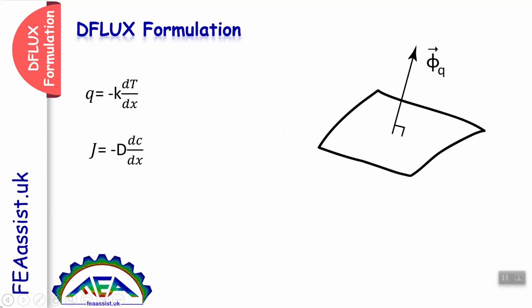For mass diffusion problems, it is a function of the derivative of concentration with respect to x. And in mass diffusion problems, flux is the amount of atoms, molecules, or moving objects transferring through a unit of area in a unit of time.